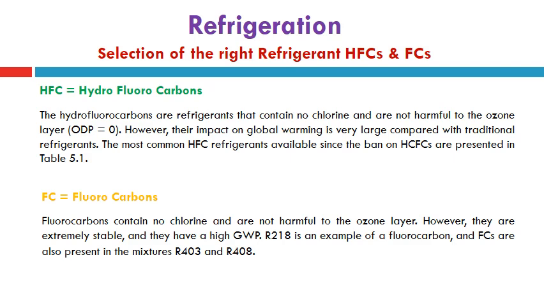Hydrofluorocarbons. The hydrofluorocarbons are refrigerants that contain no chlorine and are not harmful to the ozone layer, with ODP equal to 0. However, their impact on global warming potential is very large compared with traditional refrigerants. The most common HFC refrigerants available since the ban of HCFCs are presented.